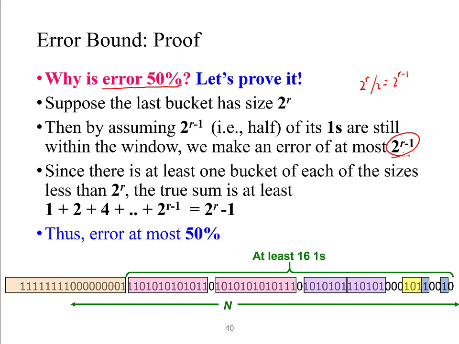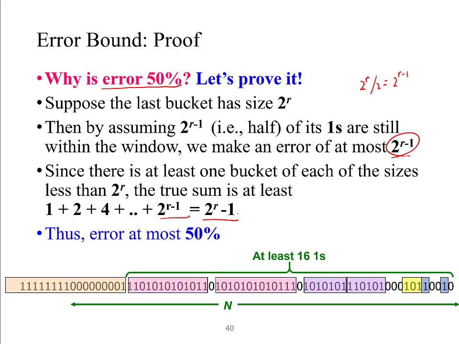Now let's look at the true sum. Since there is at least one bucket for each of the sizes that is less than 2 to the power of r, the true sum is at least 1 plus 2 plus 4 and so forth until plus 2 to the power of r minus 1. What you will have is 2 to the power of r minus 1.